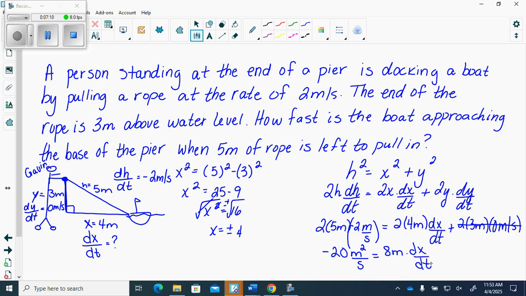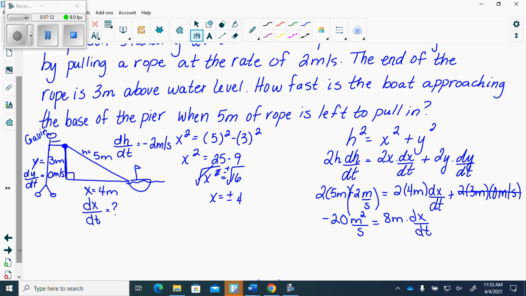So we're going to divide by 8 meters. Dividing by 8 meters over 1 is the same as multiplying by 1 over 8 meters, the reciprocal. So we're going to get negative 20 meters squared over seconds times 1 over 8 meters.